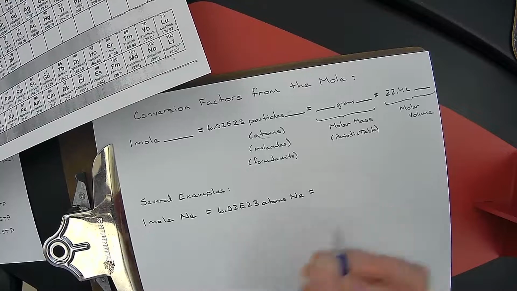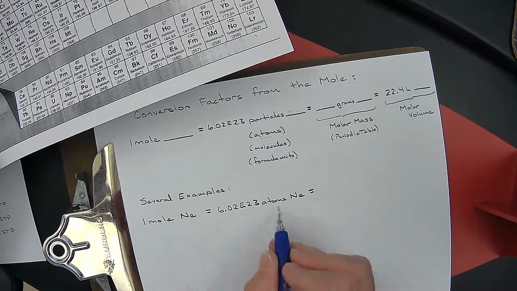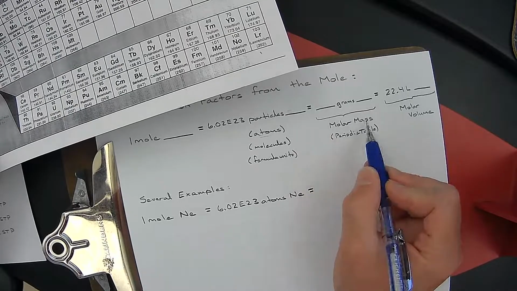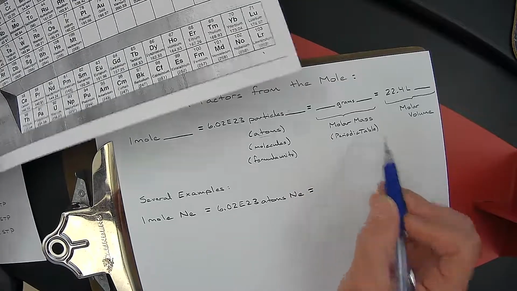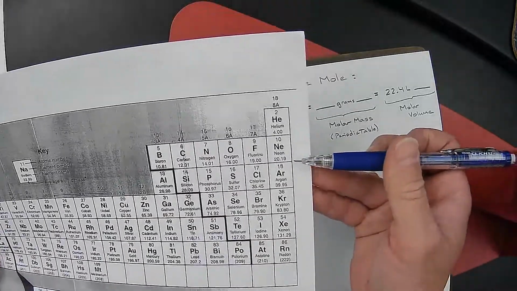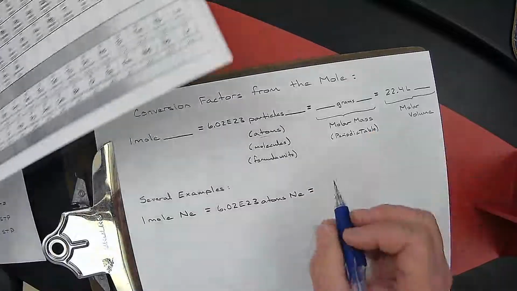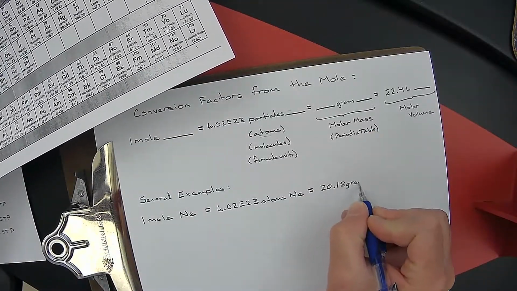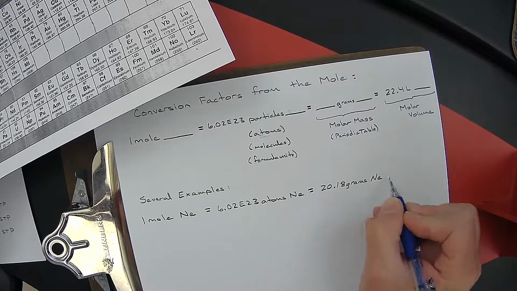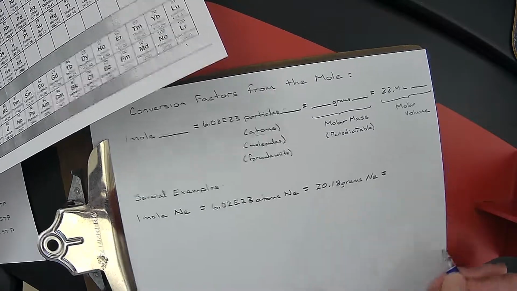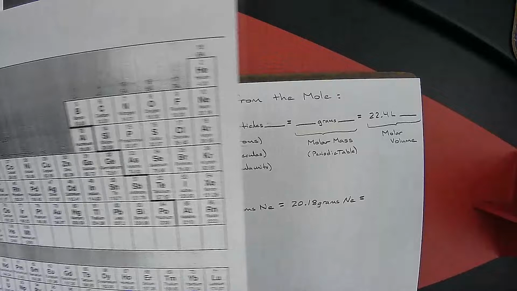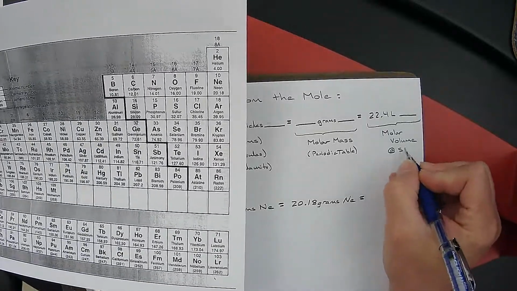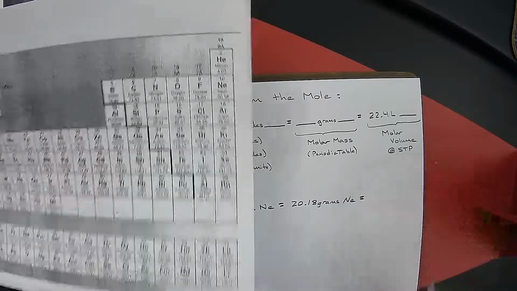I know that 1 mole of neon is that many atoms of neon, but I also know that 1 mole of neon, we go to look at the molar mass on the periodic table, is 20.18 grams of neon, because that's what I'm dealing with. And as long as we're at STP, molar volume, I'm going to go back and include the at STP requirement.